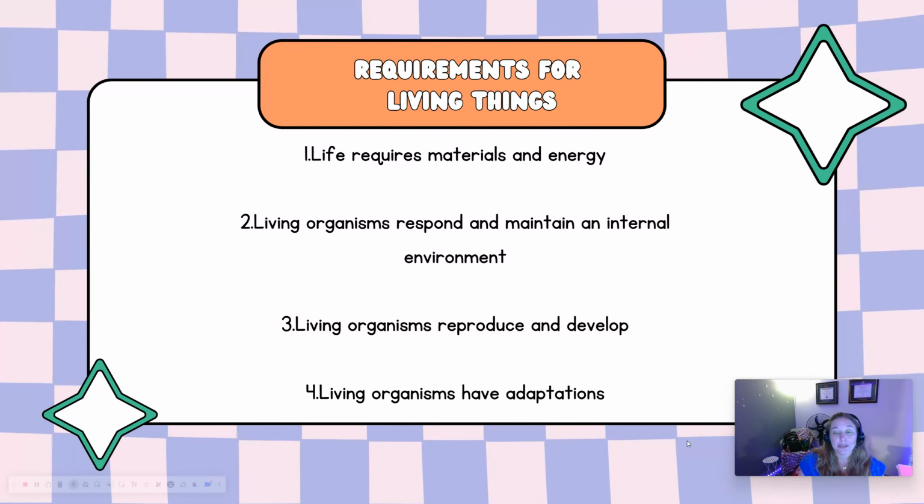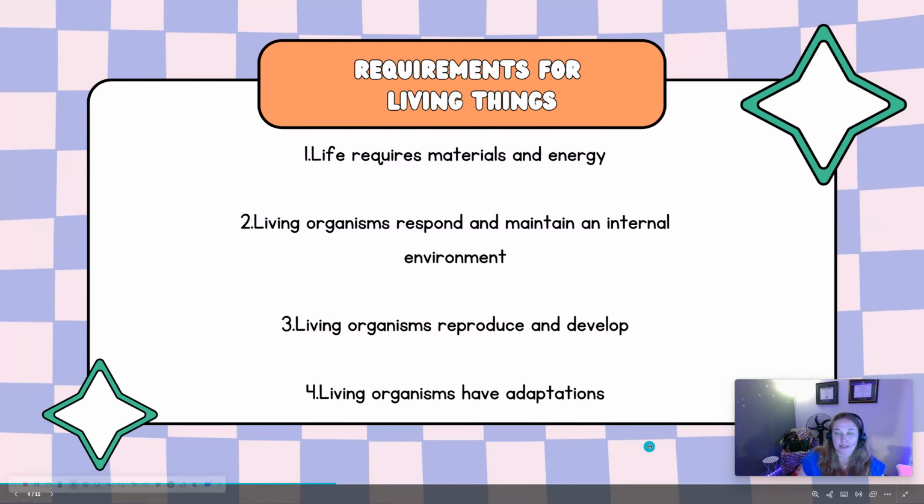Living things have to be able to reproduce or make more of themselves and develop, which is grow and change over time. And living organisms have adaptations, where they are able to change something about how they interact with that environment to be better suited to survive in that place.